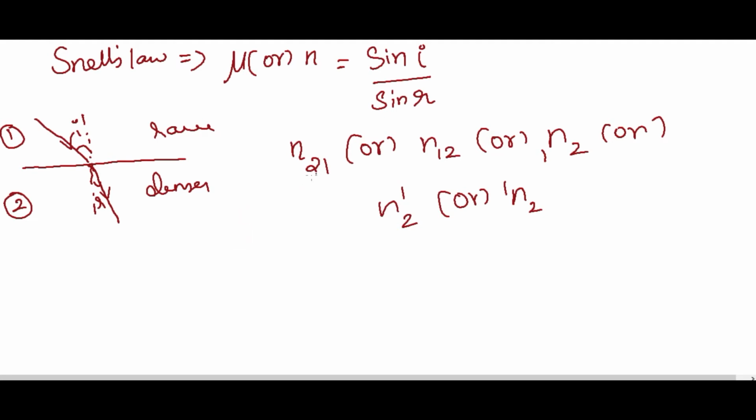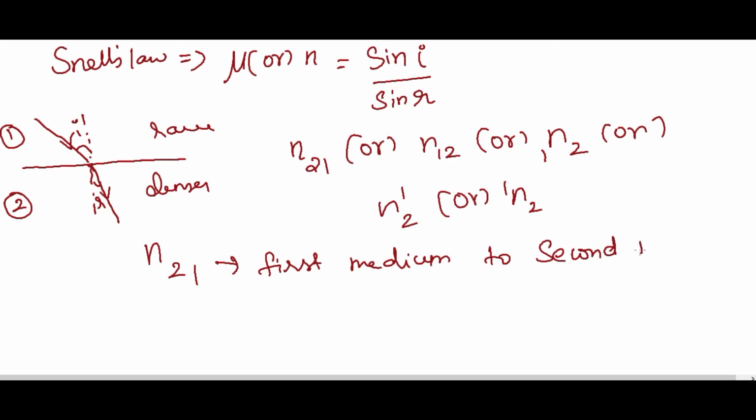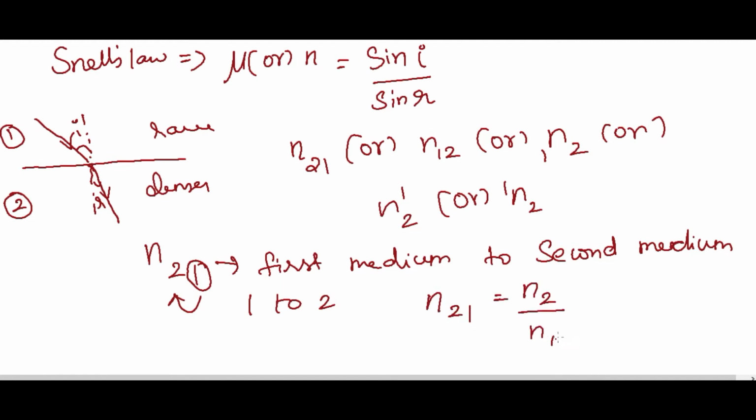I will tell you. n21 means it is representing first medium to second medium. So you can see clearly, first medium to second medium, so 1 to 2. Then how will I write this in the form of a ratio? n21 is equal to n2 by n1.